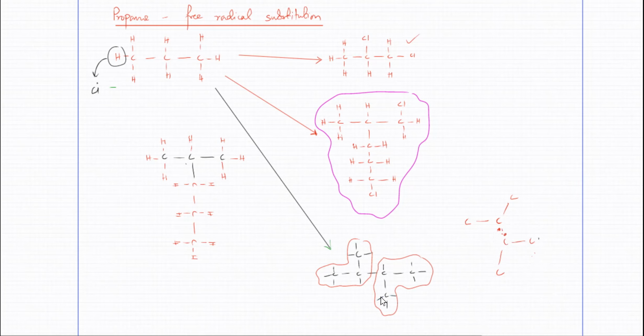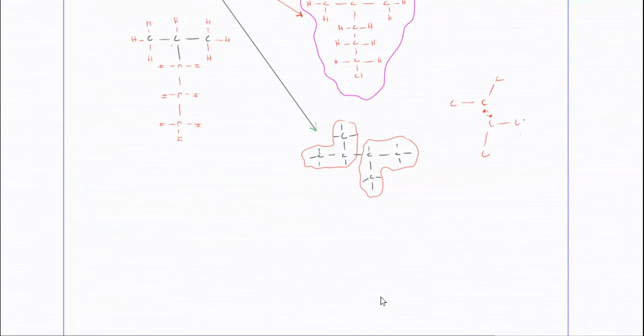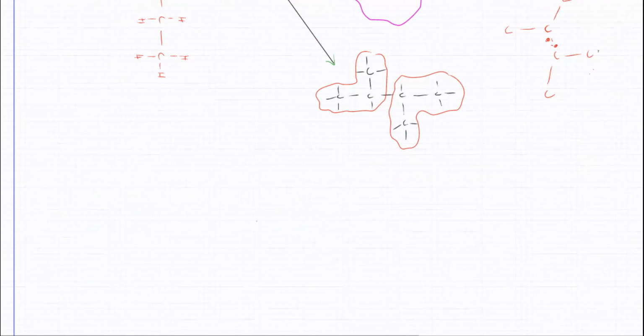Would you be allowed to bend it? Yeah, remember one thing about organic chemistry. Look at this molecule. If I draw a molecule here, this is an important question.